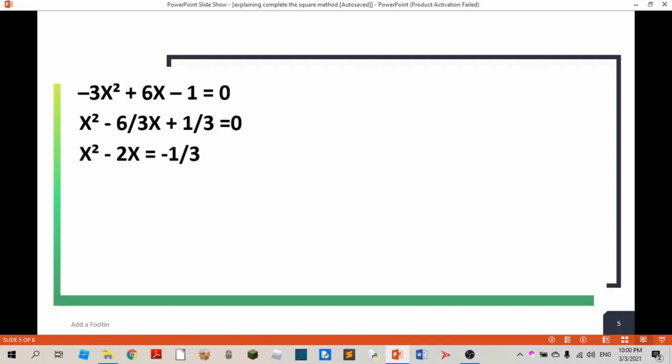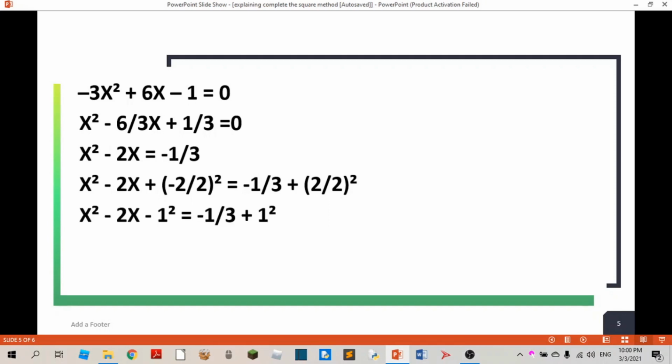We can get another equation from this, which is x squared minus 2x is equal to negative 1 divided by 3. Since big B here is 2, we will add 2 divided by 2 with a power of 2 to both sides. From that, we will get x squared minus 2x plus 1 squared, which equals negative 1 divided by 3 plus 1 squared.